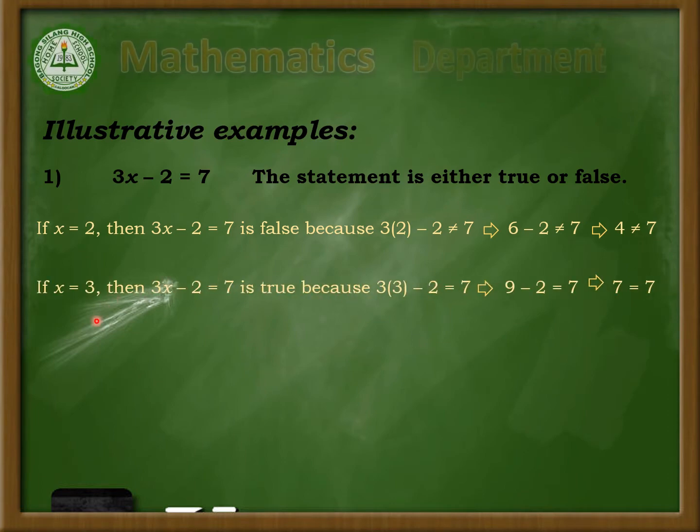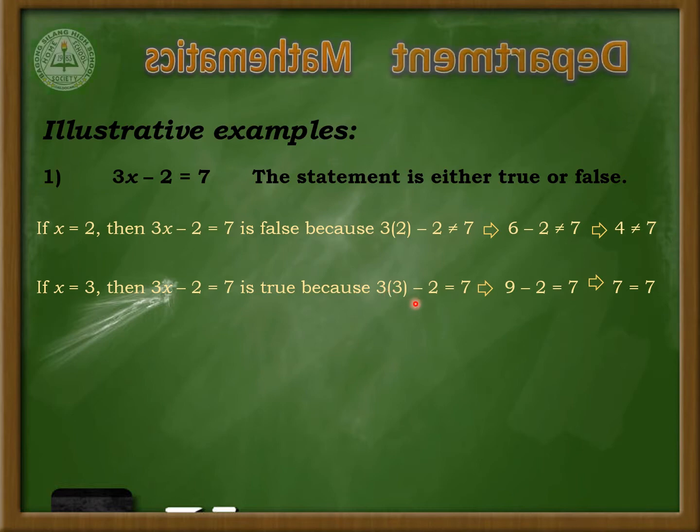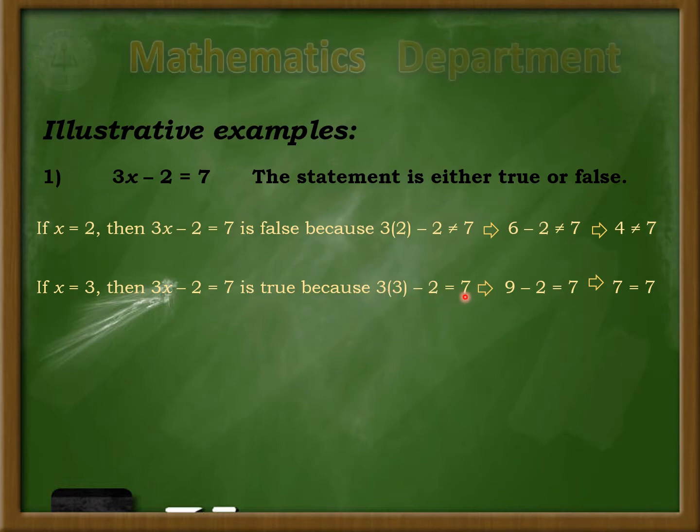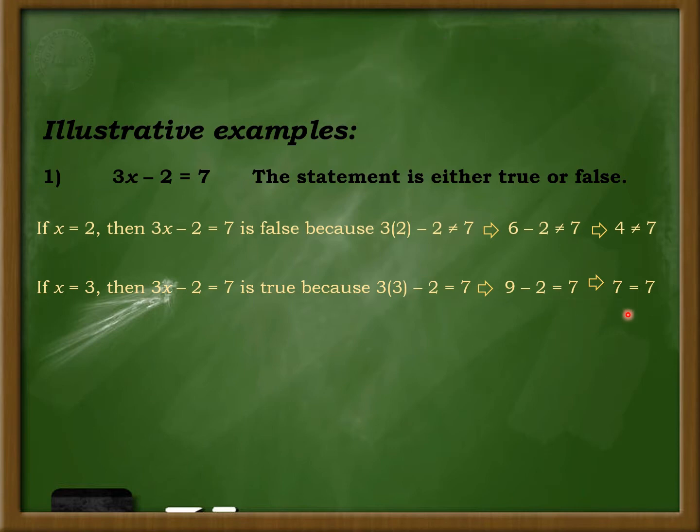How about if x equals 3? Then 3x minus 2 equals 7 is true because 3 times 3 minus 2 equals 7, which implies 9 minus 2 equals 7, and therefore 7 equals 7.